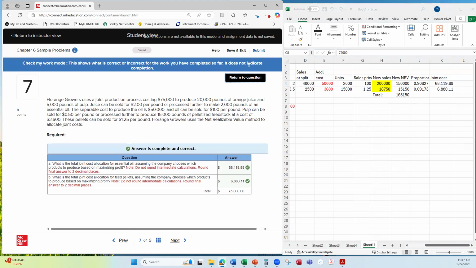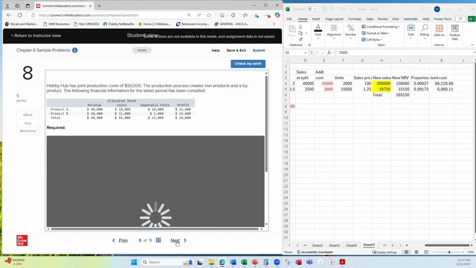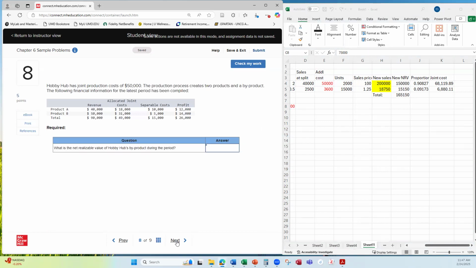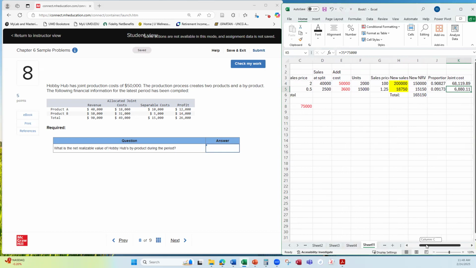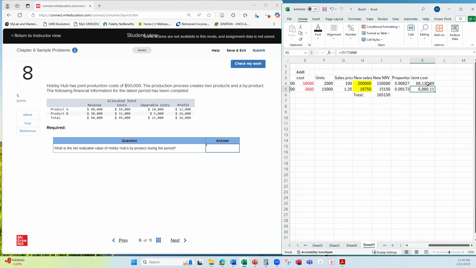All right, so last problem that we have here for this chapter is problem 8. And with problem 8, we are also looking at a net realizable value problem. So let's make this into a formula here.